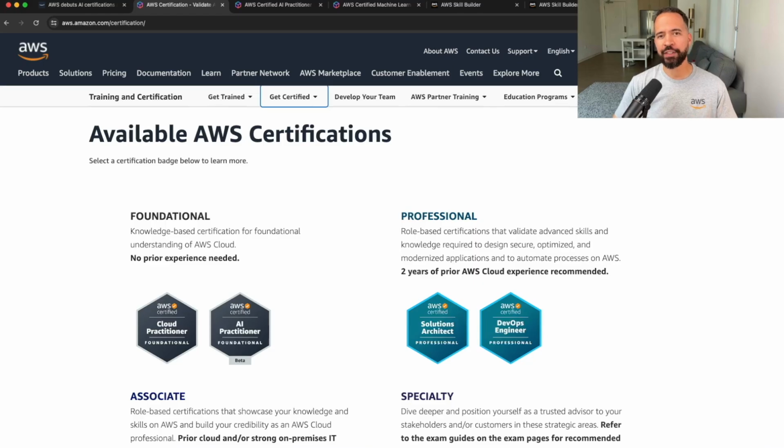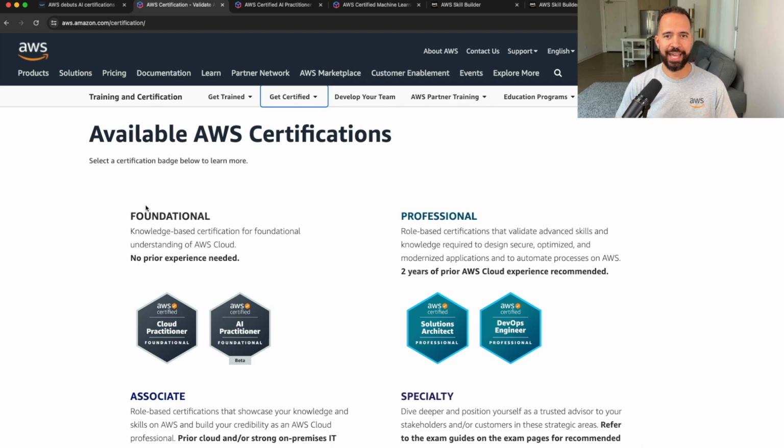I always like to start off these videos talking about what I call the AWS certification hierarchy. This is simply the layout of how the AWS certifications fall against the other AWS certifications. At the foundational level, we used to only have the Cloud Practitioner.